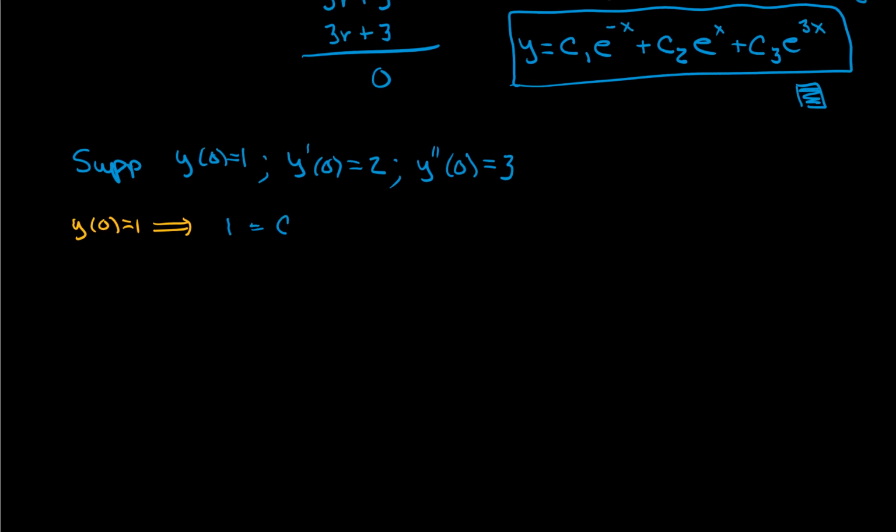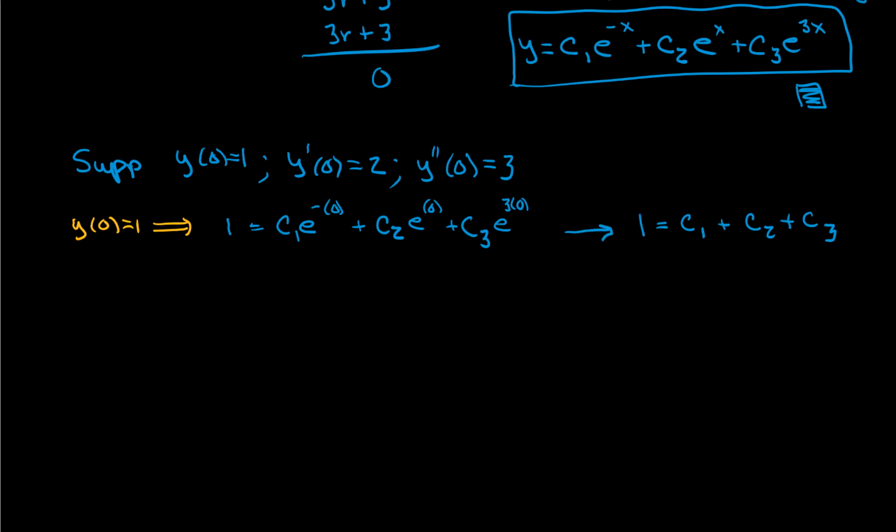So what's that going to look like? It's going to be c1 e to the negative 0 plus c2 e to the 0 plus c3 e to the 3 times 0. That cleans up pretty nicely. We get 1 is equal to c1 plus c2 plus c3. So there's one of our equations that we need to solve.